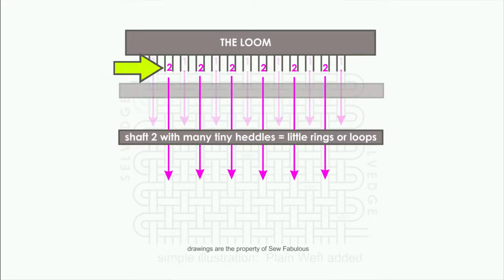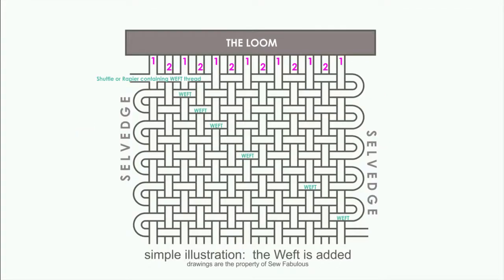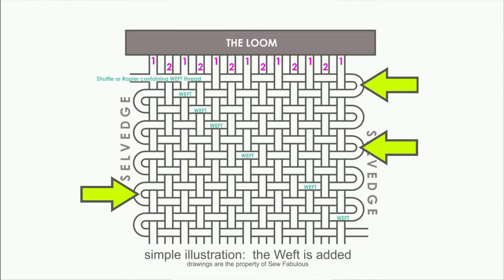The twos are threaded through the heddles of a second shaft. These shafts are used to separate the warp threads while the shuttle or rapiers pass between them. These secondary threads are called the weft. When the shuttle turns after each passing, the weft forms loops on either side of the fabric.